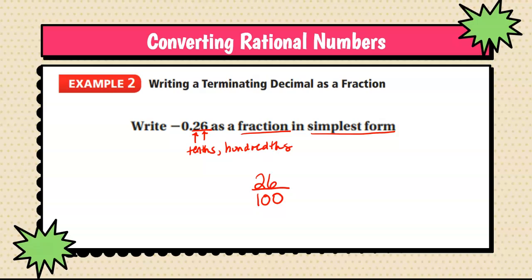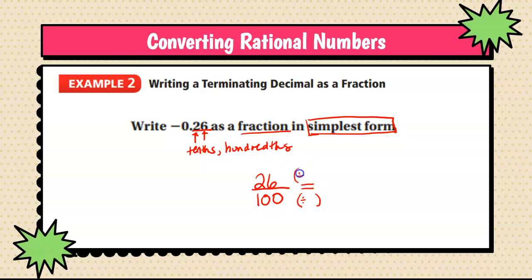Awesome. So I have my fraction. It's 26 over 100. The only thing I want to do now is look back at my directions or my ask and see, is there anything else that I need to do? Probably always you're going to be asked to write these numbers in simplest form. That means I'm going to need to write this fraction in lowest terms. I can do this pretty easily because I can divide.